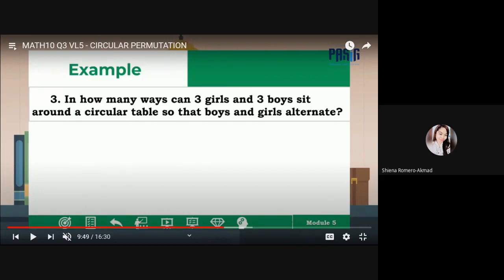Correct? But remember that if you arrange 3 girls and 3 boys, binigyan kayo ng condition. You're going to arrange them alternately. So, binigyan kayo ng direction where to put them or what is their kind of arrangement. Kailangan daw sila ay alternate.